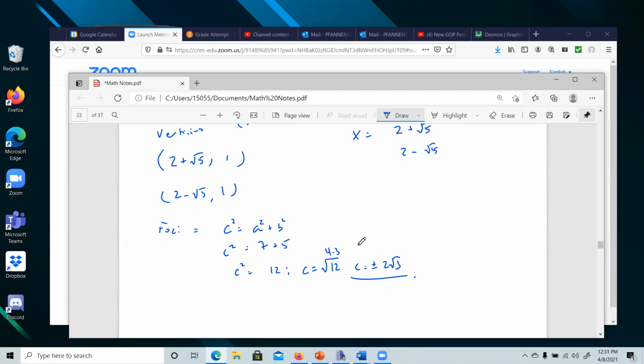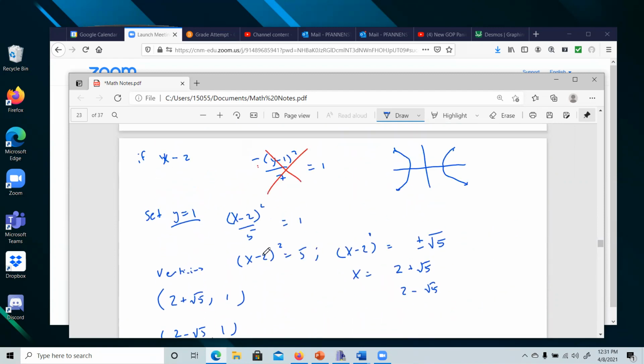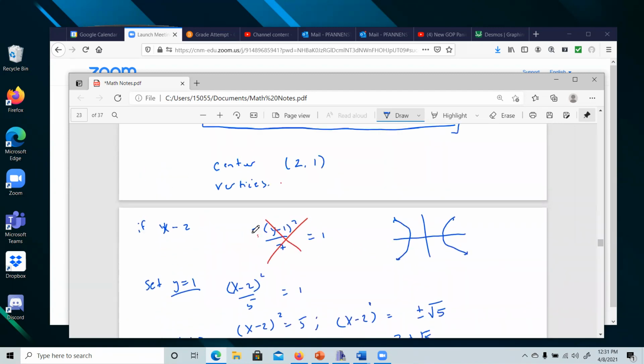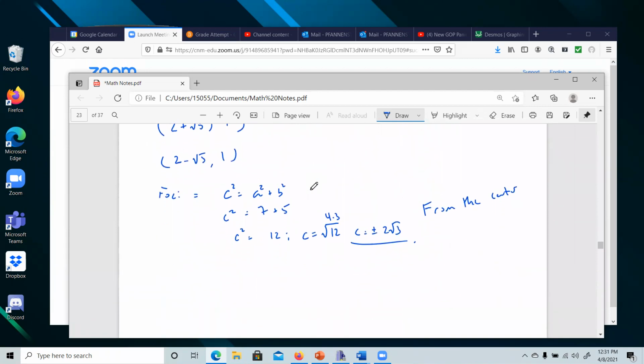Okay. And again, it's from the center. It's this many units from the center. Where is the center? The center was at 2, 1.